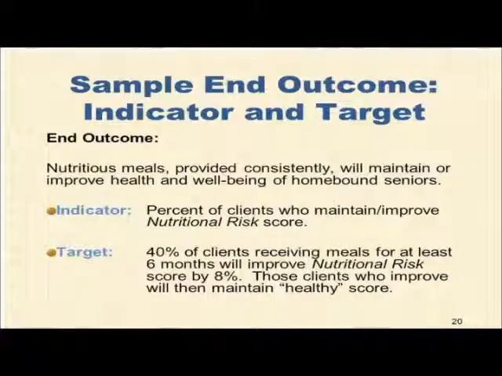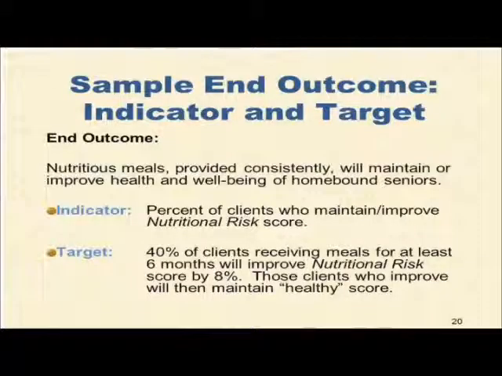The end outcome is that a nutritious meal provided consistently will maintain or improve the health and well-being of homebound seniors. The indicator is the percentage of clients who maintain or improve their nutritional risk score, that is, who have maintained a particular score or improved on it, which shows whether you have improved their nutritional intake.